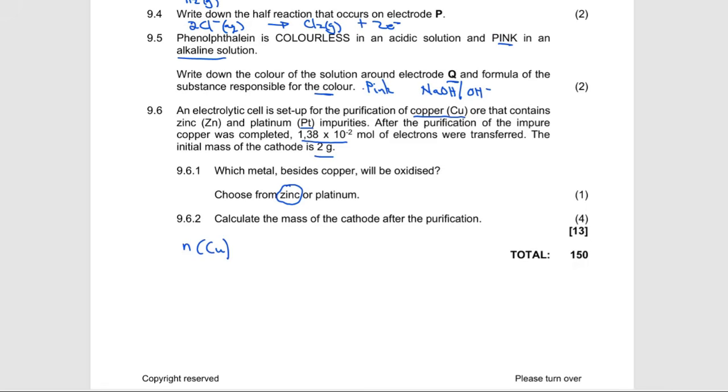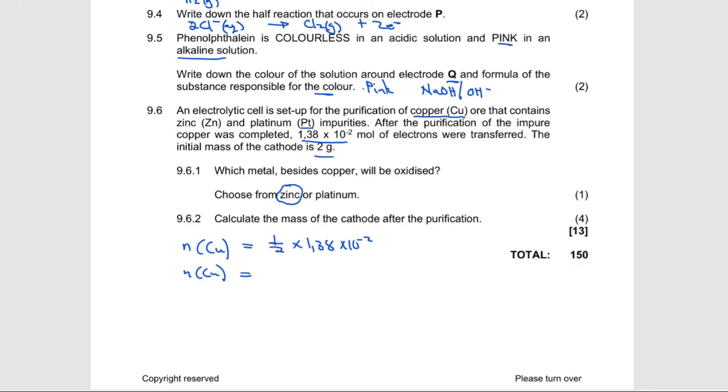I'm going to say the number of moles of our copper is equivalent to half of 1,38 multiplied by 10 negative 2, right? Then after that, we're going to get the number of moles of copper as being what?